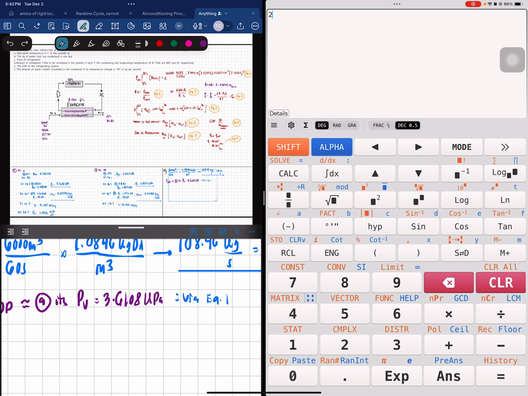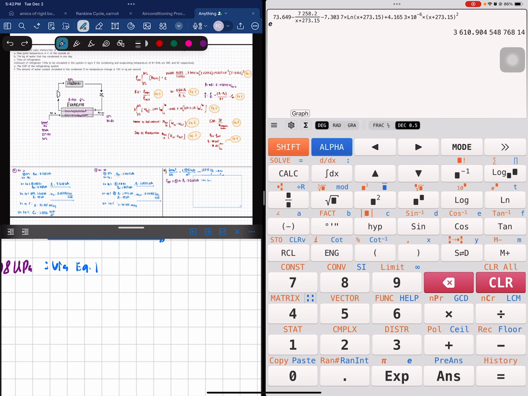So let's try 27.1. Still not there, 27.2. Okay, it's almost there, right? So 3.6108 is 3.6109. I guess it really won't matter that much.